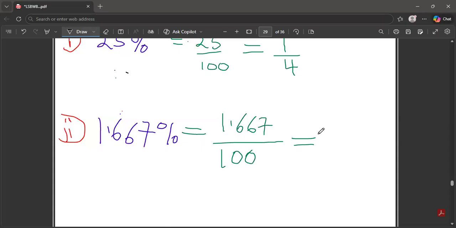The first one is going to move this one 1, 2, 3. So that's going to add 3 zeros to this. So we are going to get what? 1, 6, 6, 7, all over 100,000. 1, 2, 3.